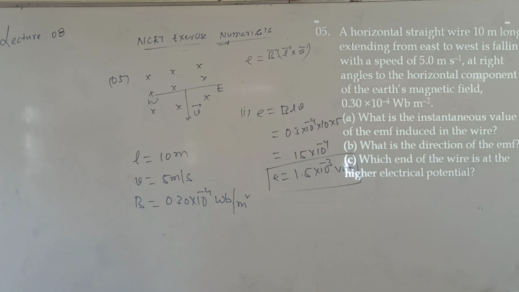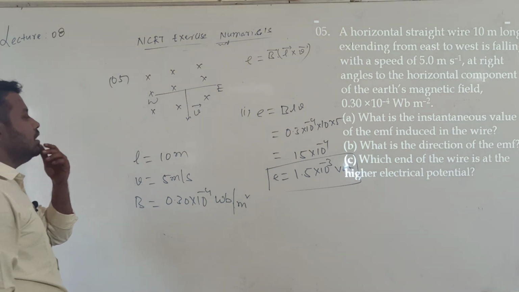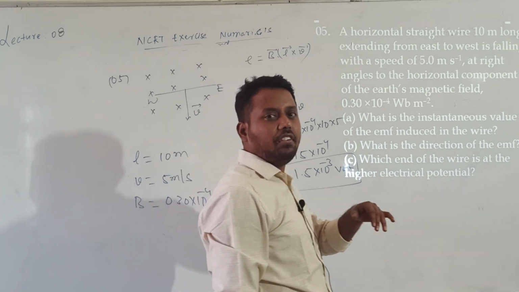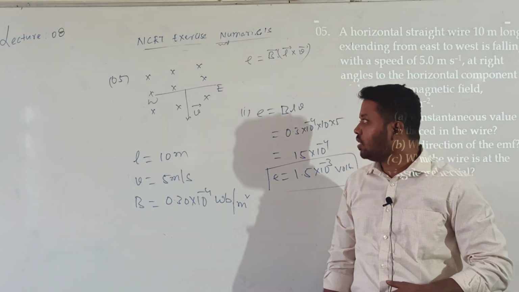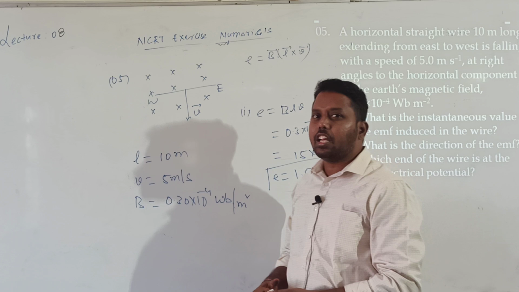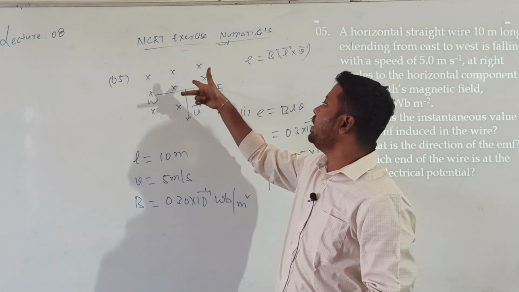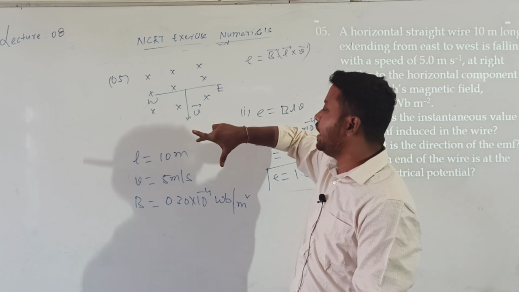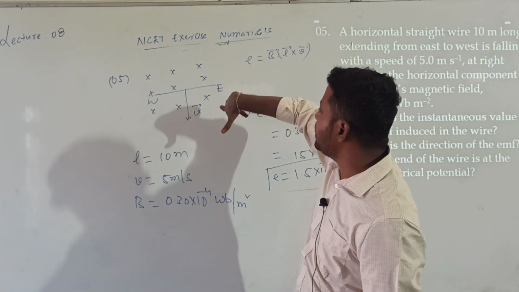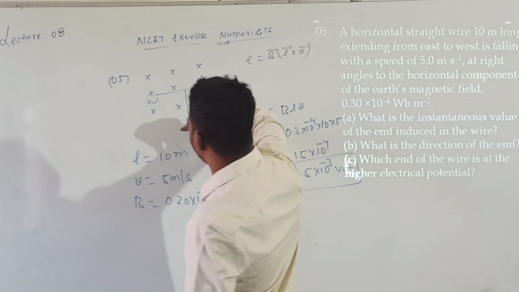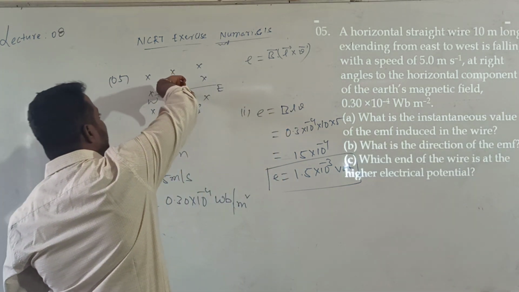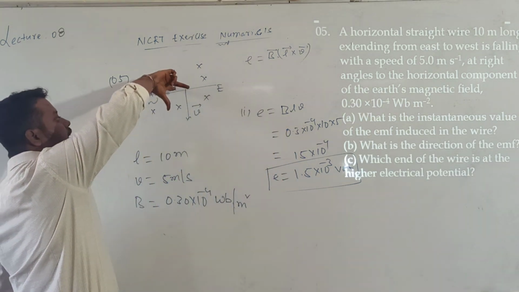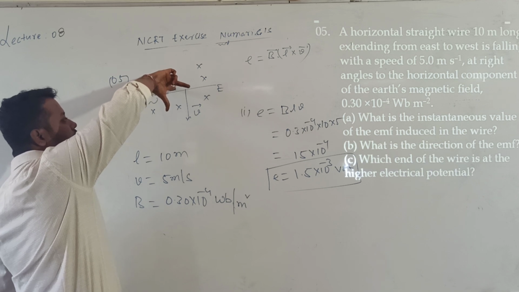Now what I want to calculate is, what is the direction of this induced EMF or induced current? Induced current direction can be calculated by which rule? Fleming's right hand rule or left hand rule? Fleming's right hand rule. According to Fleming's right hand rule, the magnetic field here is perpendicular to the length of the rod.